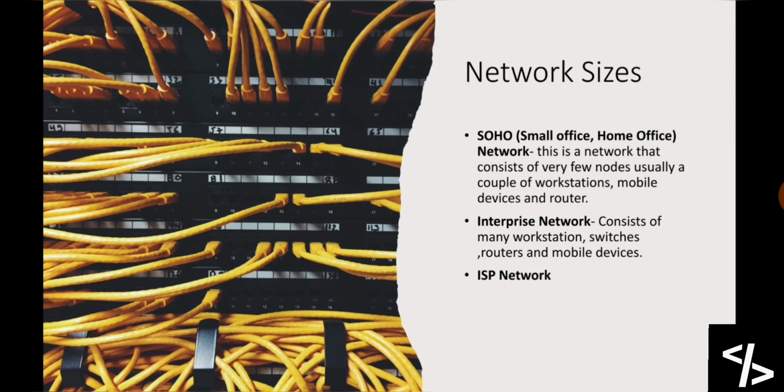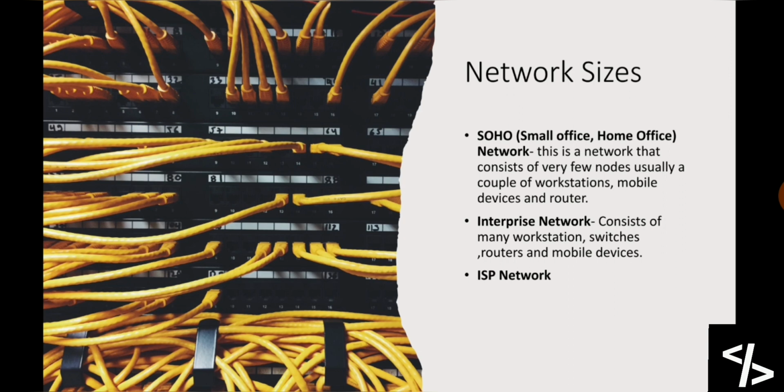So this is a fairly small network. We have enterprise networks, which consist of many workstations, switches, routers, mobile devices. It can be a room, it can be a building. So these are enterprise networks.